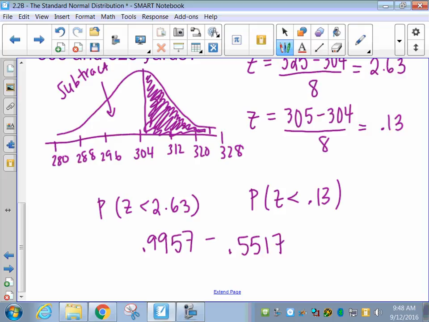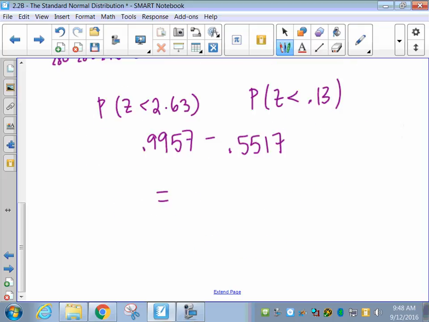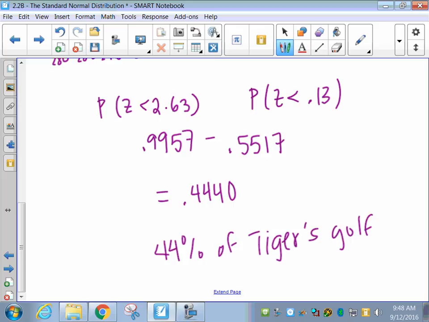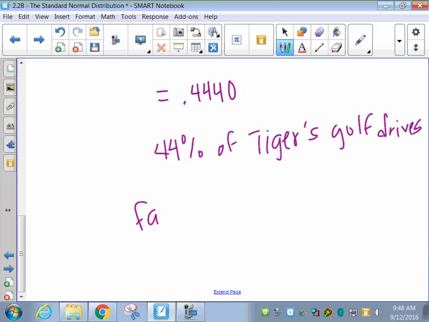Okay. And subtract them, and we get 0.4440. So about 44%. And again, we'd write a sentence of Tiger's golf drives fall between 305 and 325 yards.